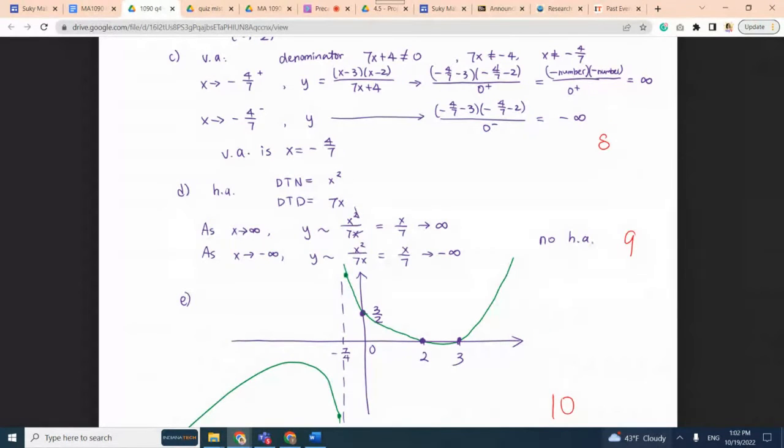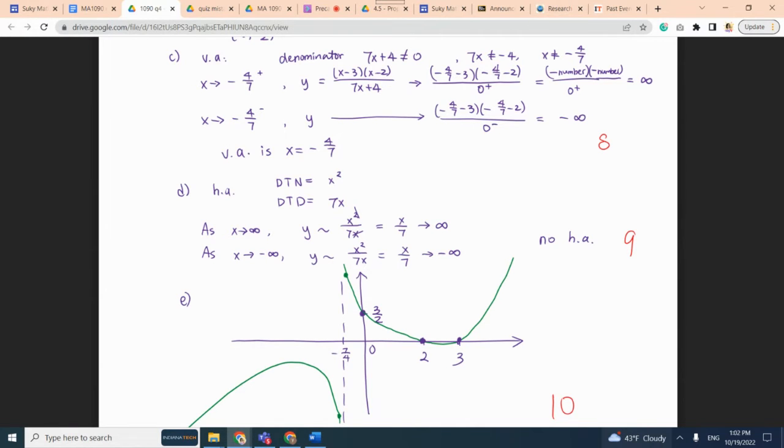See? Left, bottom. Yes, everybody? And here we don't have horizontal asymptote, but you see the y goes to infinity. Infinity is top, okay? And when x goes to minus infinity, the y goes to minus infinity, the bottom.